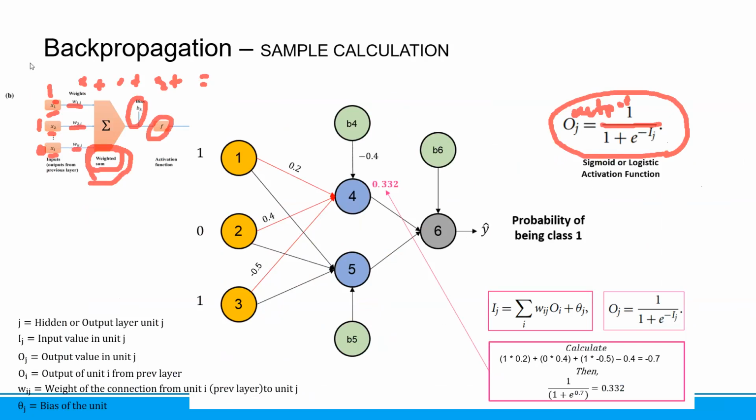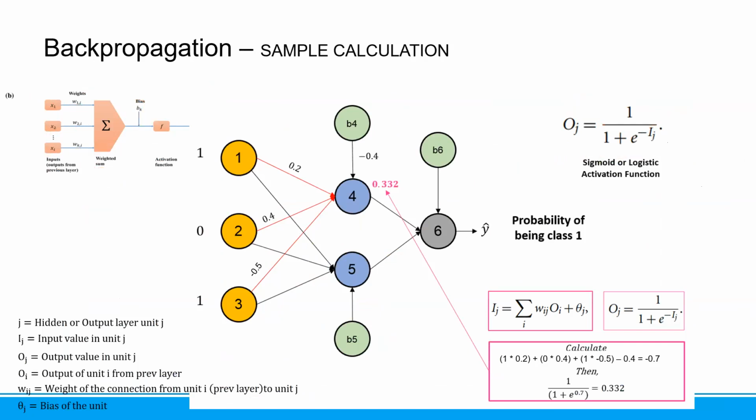In the exam, I will give you one problem like this. So please remember to bring your calculator because you need to calculate this natural number. If you don't bring a calculator, you may have difficulties to answer the problems in the final exam.